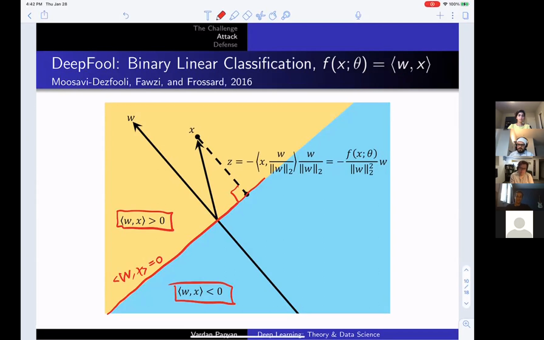So what is dictating the sign? The fact that W is pointing this way, right? Because it's pointing that way, everything that goes in this direction is going to be the positive class. Now, our goal is essentially to calculate the vector that would send X to here, right? That's our goal. So how do we do it?